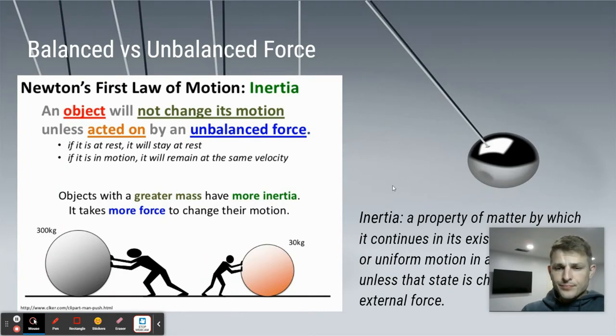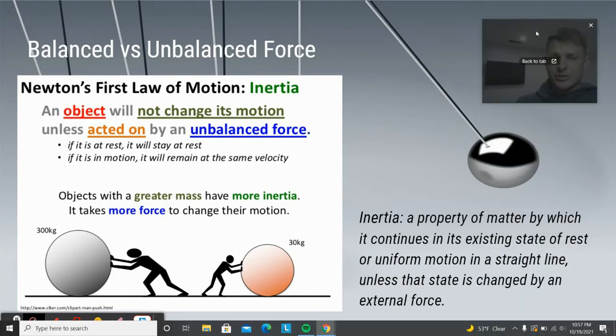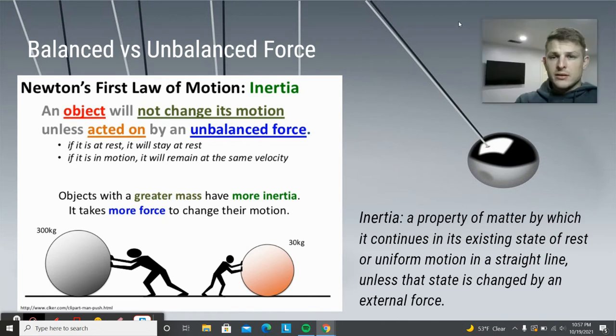So, we're going to talk a little bit about inertia and also Newton's first law of motion. This law of motion is also kind of referred to as the law of inertia. So the law says that an object at rest or an object in motion will not change unless it's acted on by an unbalanced force.